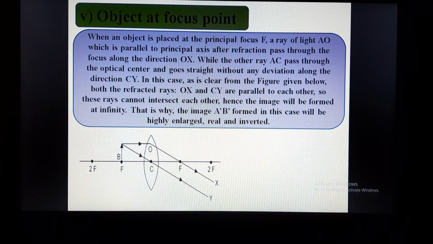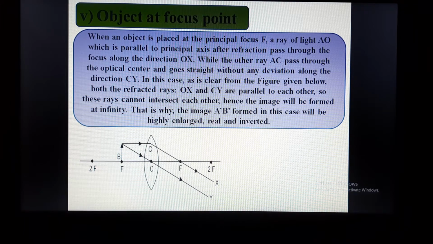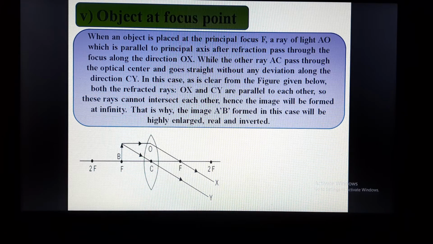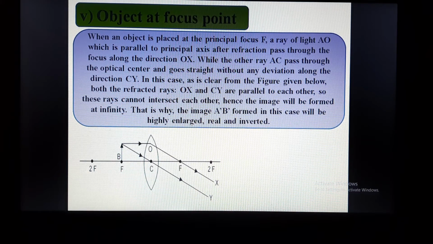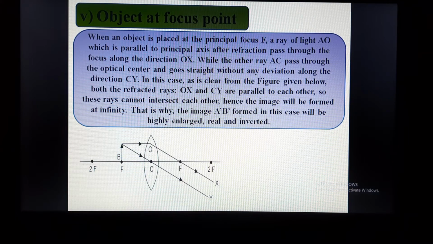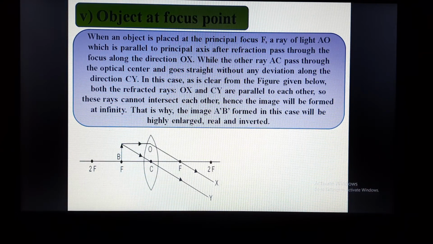So that is why the image A prime B prime formed in this case will be highly enlarged, real and inverted. The image can also be virtual and erect, if we extend the two refracted rays behind the lens.